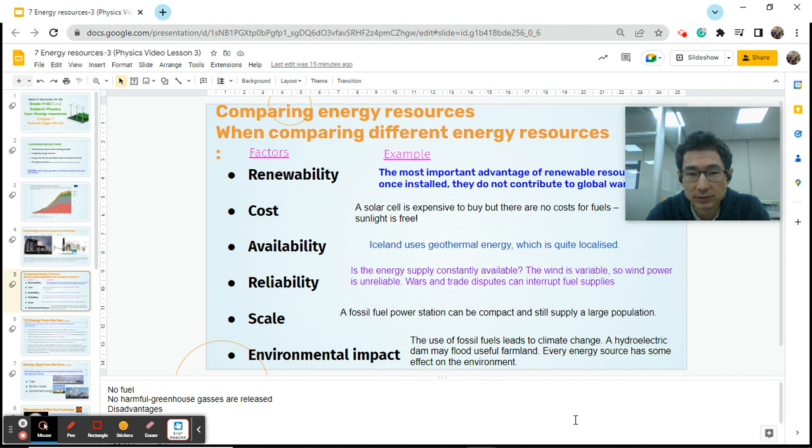But once it is installed, no fuel is required. Sun energy is free, so it can be quite effective.